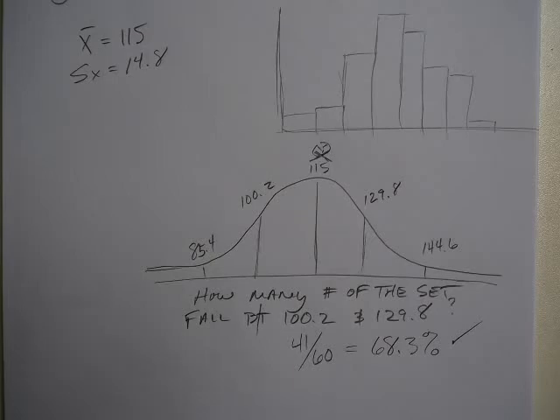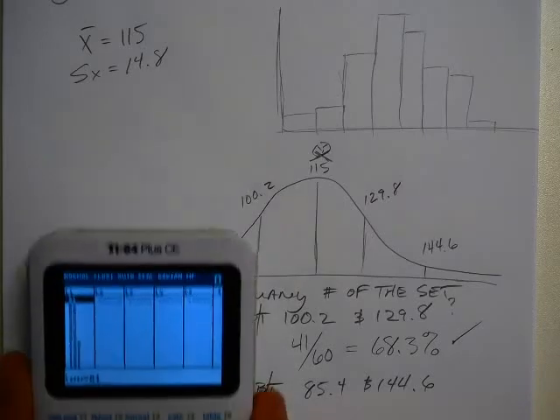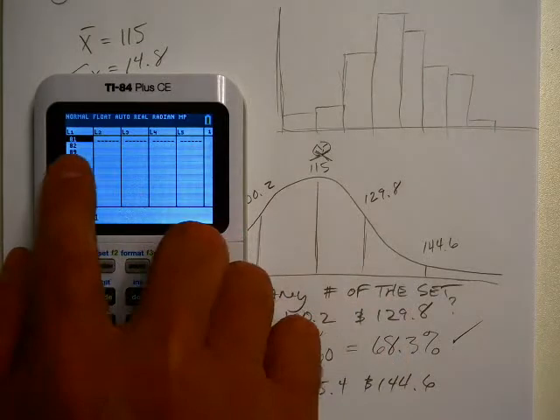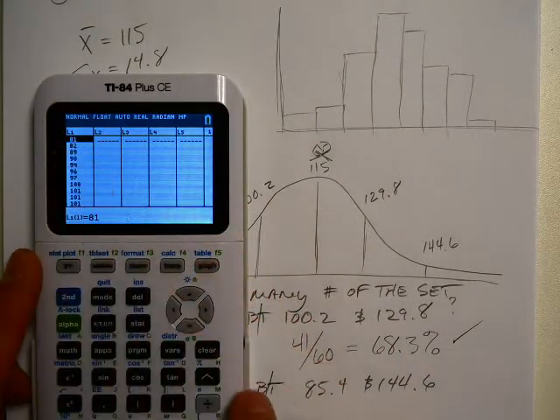So how many fall between 85.4 and 144.6? There's probably an easier way to do that than the way I did it. I'm just going to look at my high numbers and my low numbers. I have 2 numbers that are less than 85.